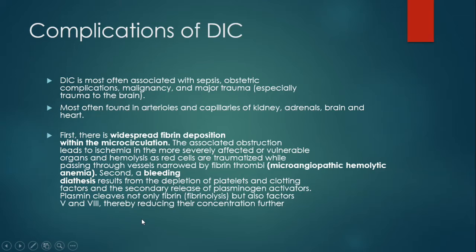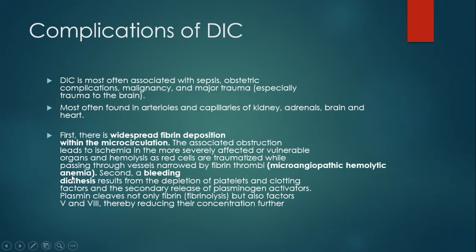So activation of plasmin means fibrinolysis can also cause the deficiency of factor 5 and factor 8. So bleeding tendency increases. These are the two complications and two main reasons for the tissue infarction: microangiopathic hemolytic anemia, and the bleeding diathesis.